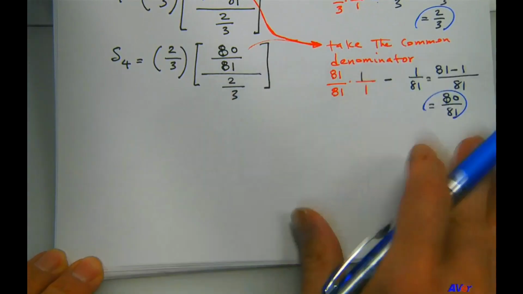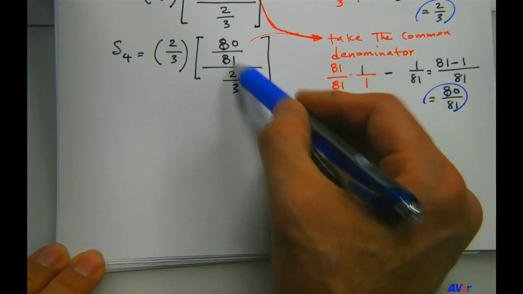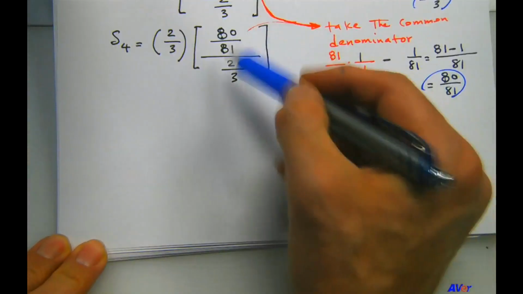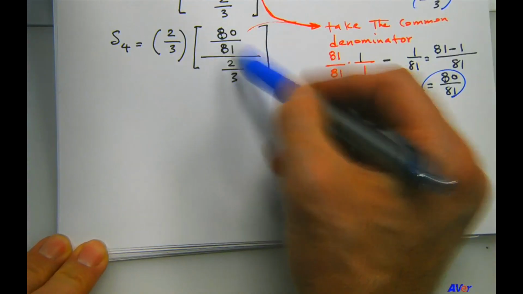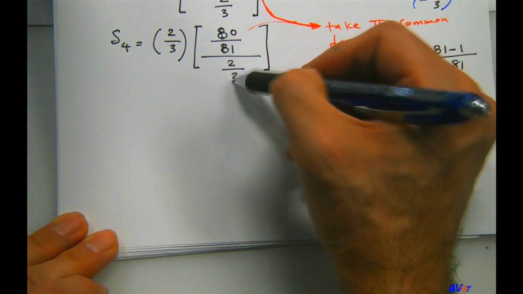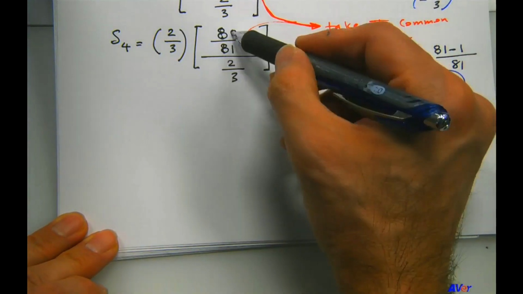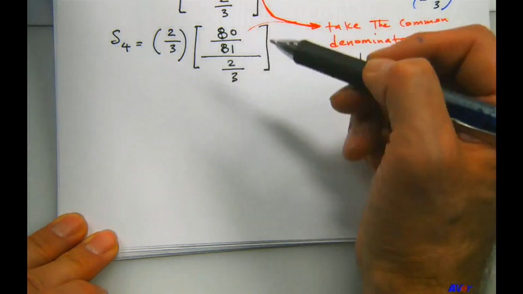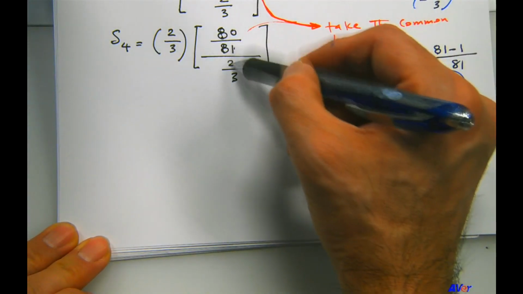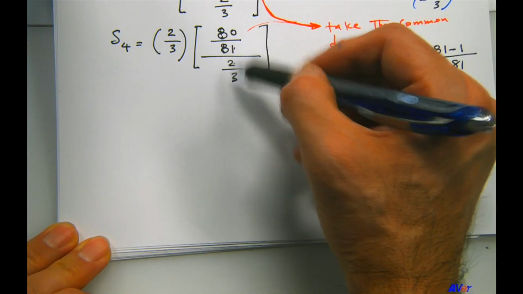Okay, now this complex fraction we've already talked about in previous videos about the easiest way to simplify them, right? So take the numbers that are farthest away from each other, multiply them and put them in the numerator. Then multiply the numbers that are closest to each other and put that product in the denominator.